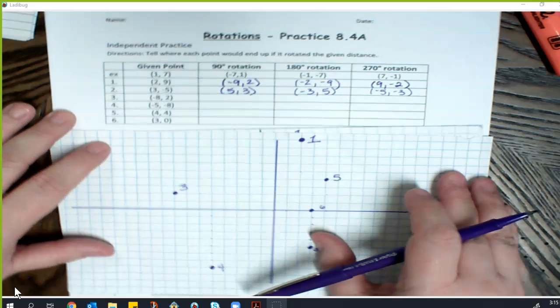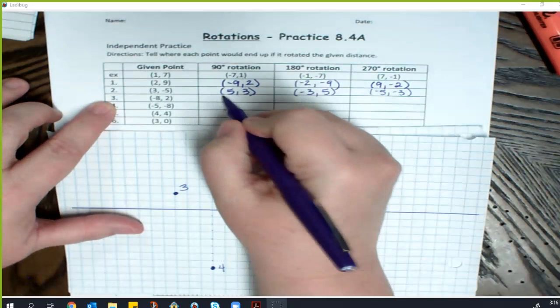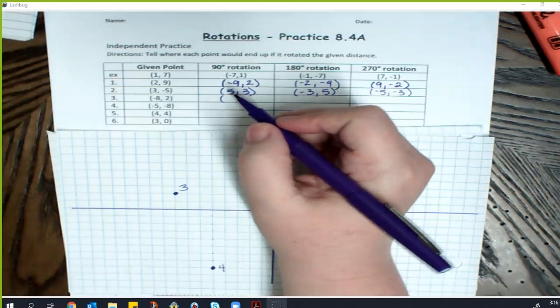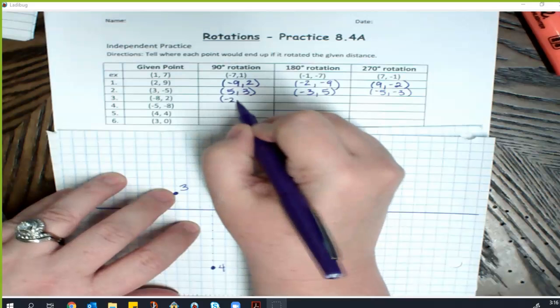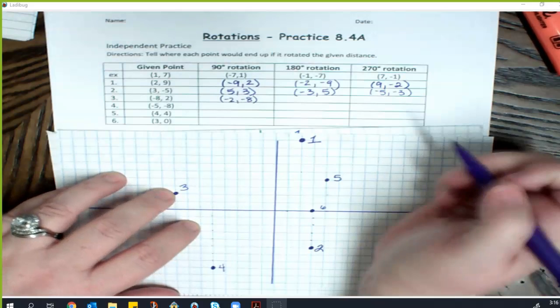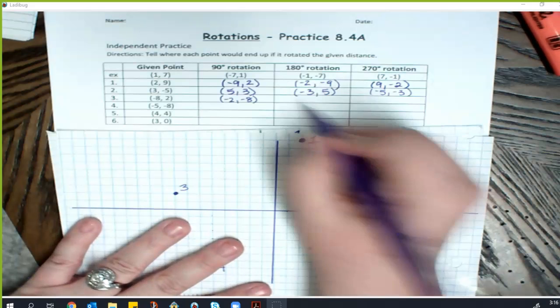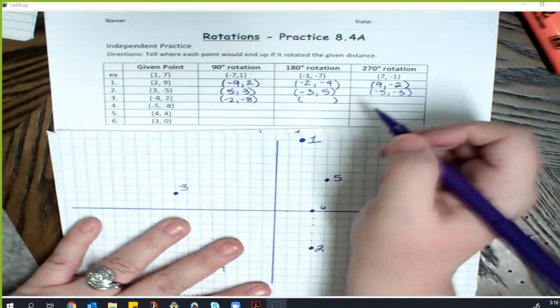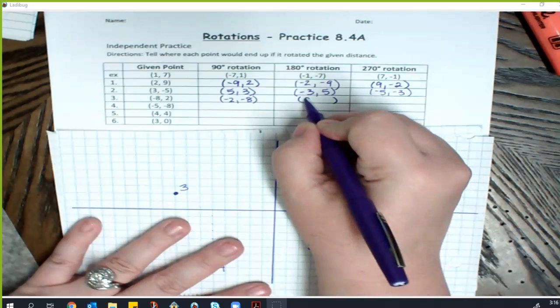All right, 90 degrees for number 3. What did you get? Negative 2, negative 8. 180 degrees for number 3. What did you get? 8, negative 2.